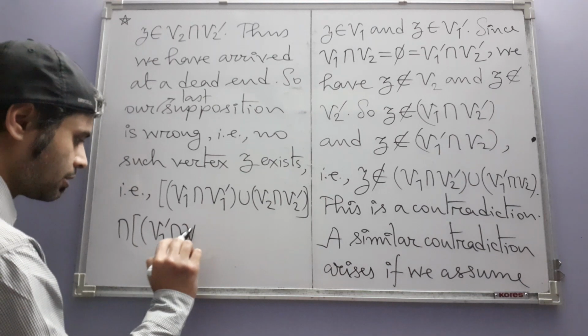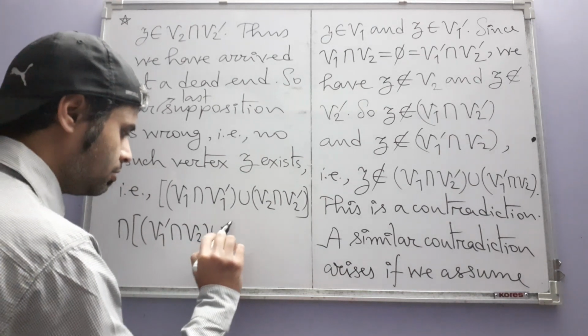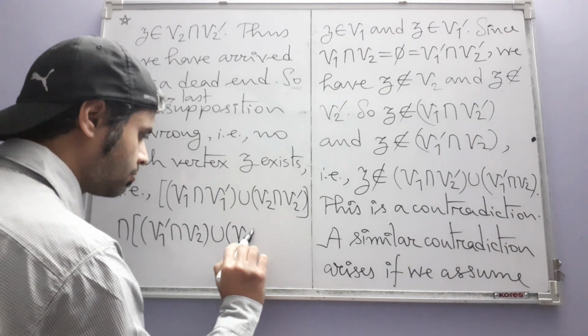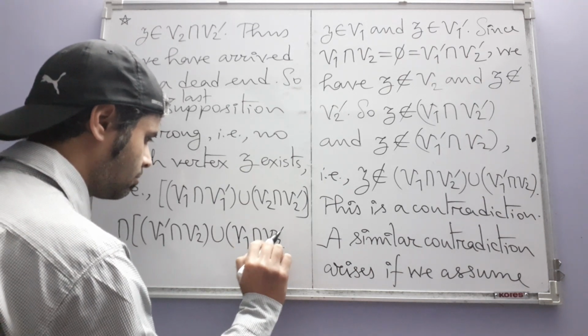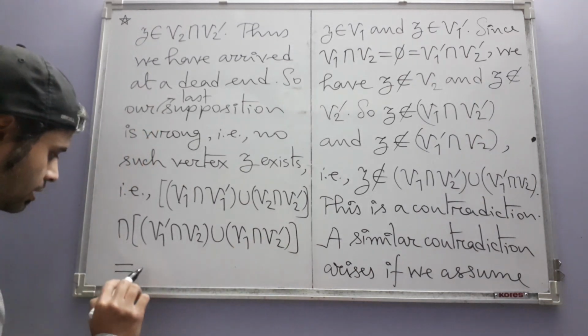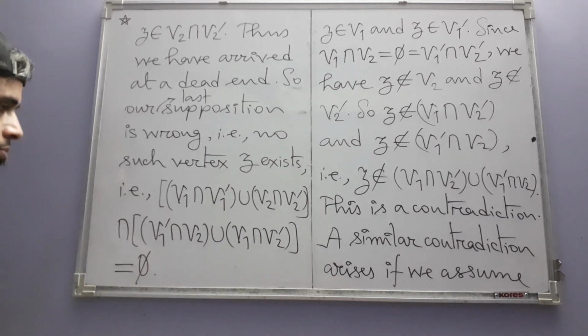V1 prime intersection V2 union V1 intersection V2 prime. This intersection must be empty.